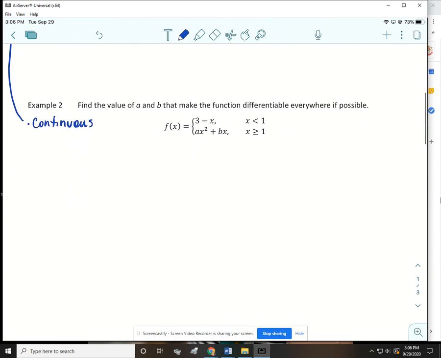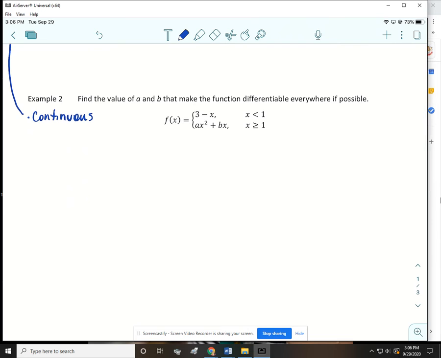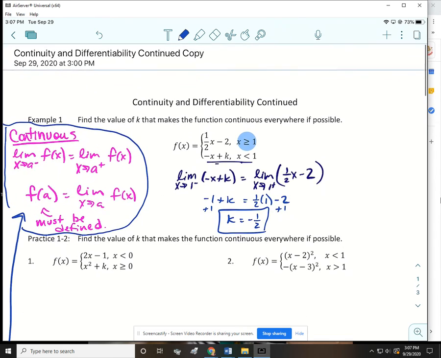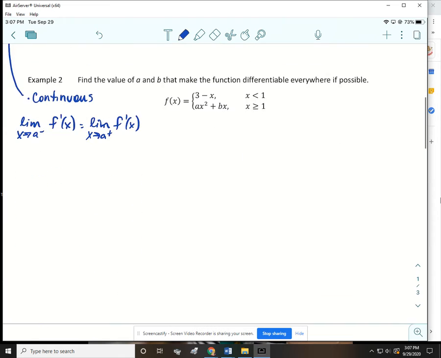And the other stuff that has to happen is that the limit as x approaches a from the left of f prime of x equals the limit as x approaches a from the right of f prime of x. So their slopes match in the left and right also. So it's going to be a new part for us. All right, so the first part we're going to do just like what we just finished doing on example 1.